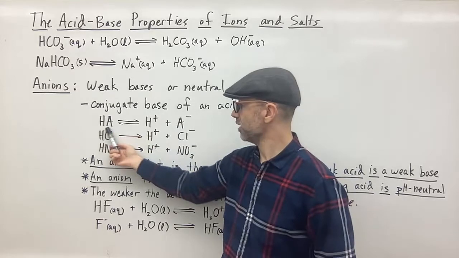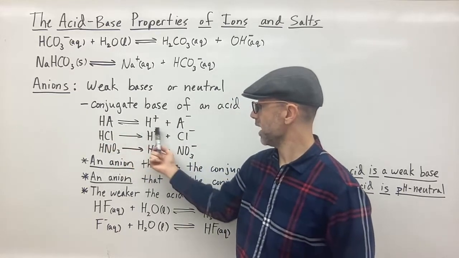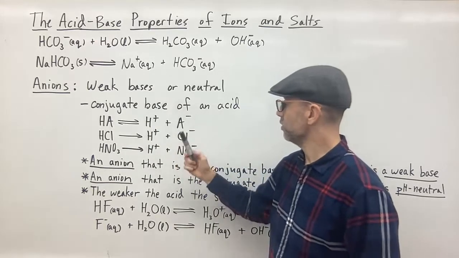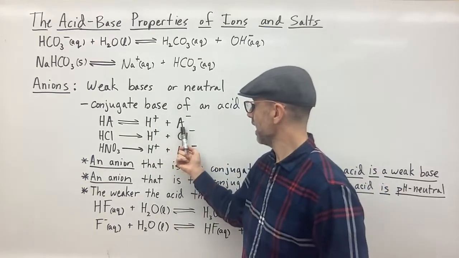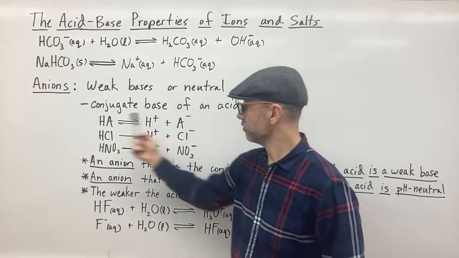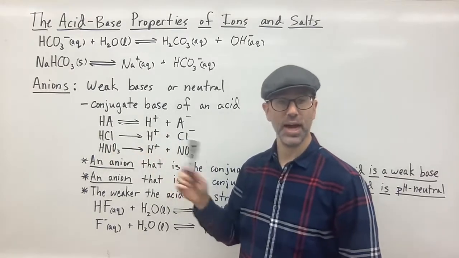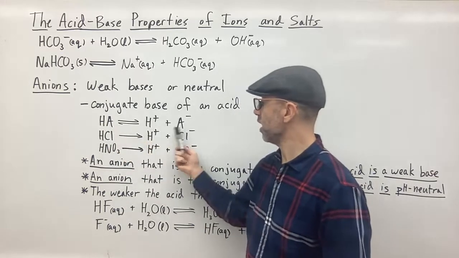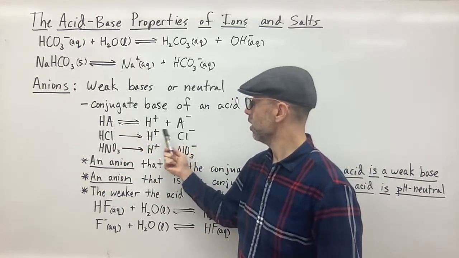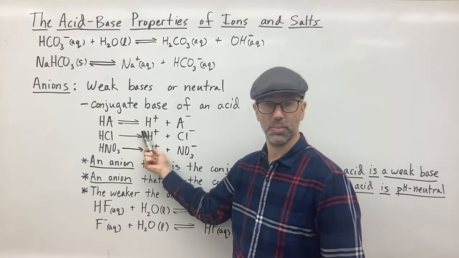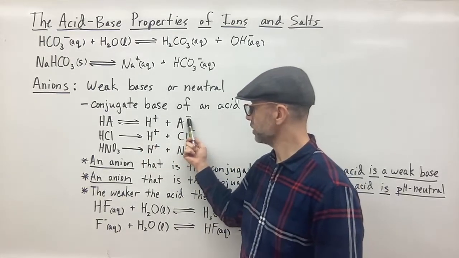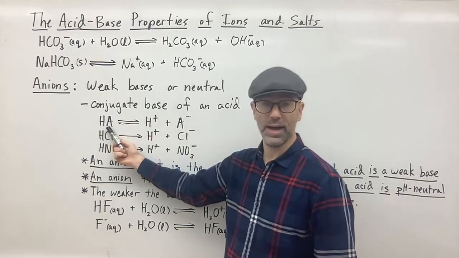HA is your acid, and that's going to ionize in water and give you your H plus and your anion. So you can see that the anion is the conjugate base of the acid. And remember, a conjugate acid-base pair are those pairs of species that are associated with each other by the transfer of a proton. So the negative ion is the conjugate base of your acid.